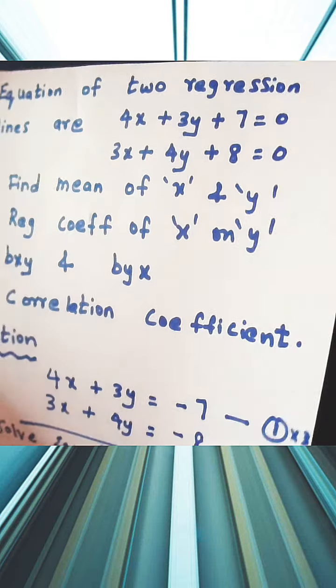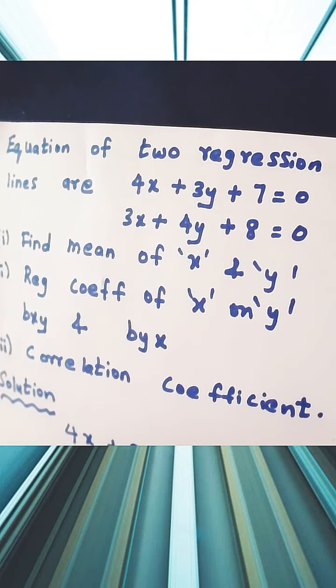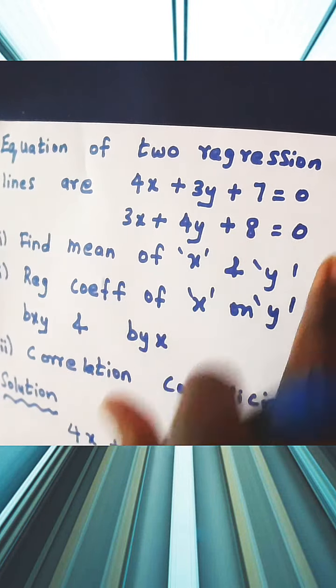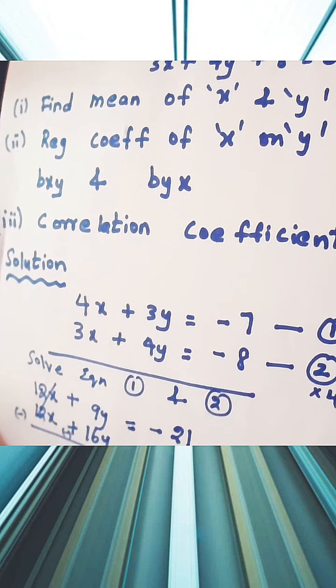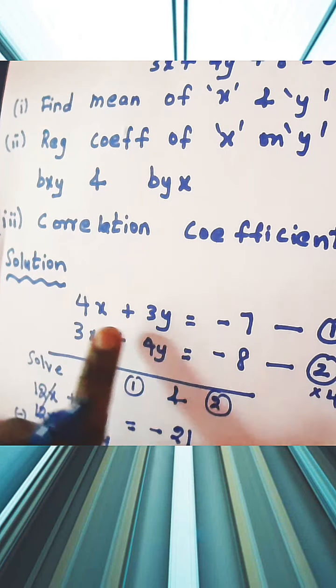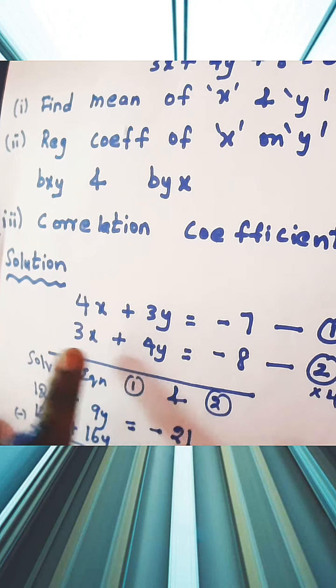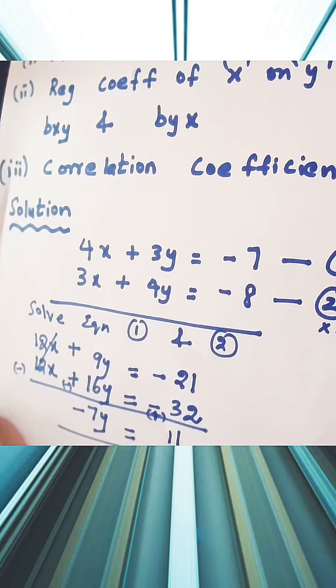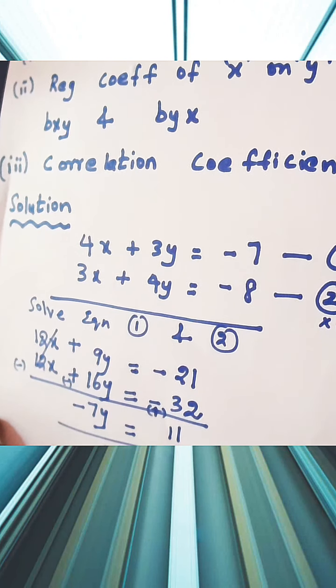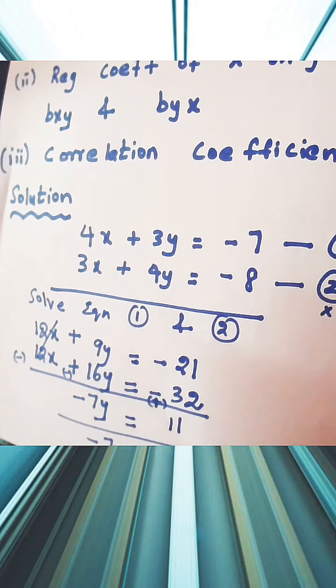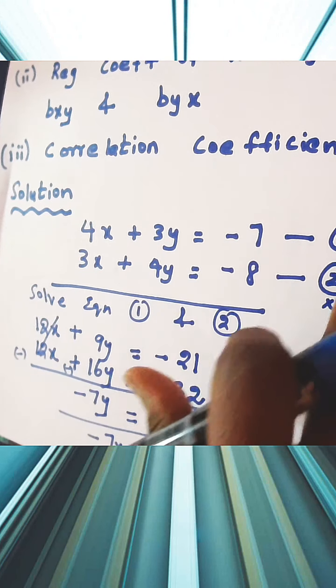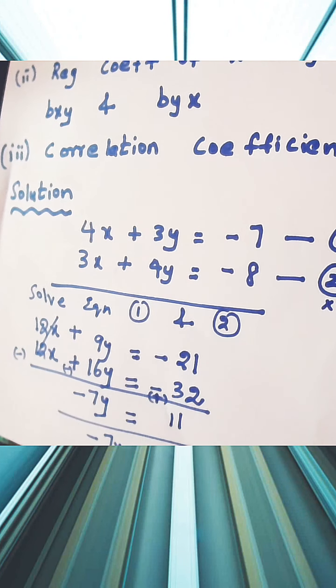A quick recap. There are two equations. I brought the constant to the right hand side. Equation 1 is 4x plus 3y is equal to negative 7, and 3x plus 4y is equal to negative 8. Take them as equations 1 and 2. Solve these two linear equations simultaneously: multiply equation 1 by 3 and equation 2 by 4.